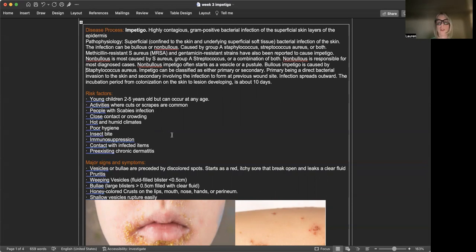Some complications, if it is not treated, are renal dysfunction, septic arthritis, scarlet fever, sepsis, and staphylococcal scalded skin syndrome.